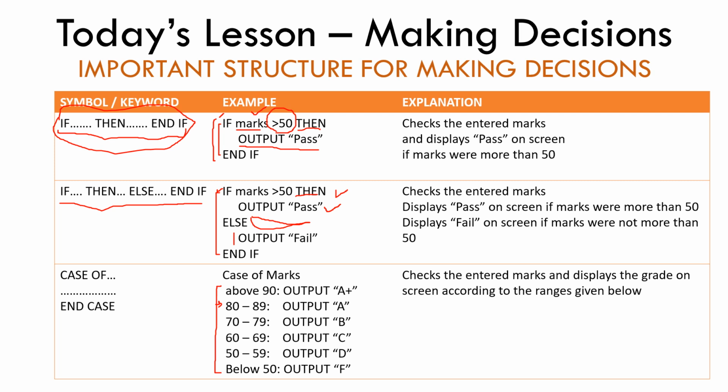Your decisions become more diverse and more comprehensive, more explanatory. You can further explain what happens if this was done, or this, or this. What if their marks are at a certain number? You can clearly decide what grade they have got. Case makes things very simple when it comes to making a lot of decisions based on one value.